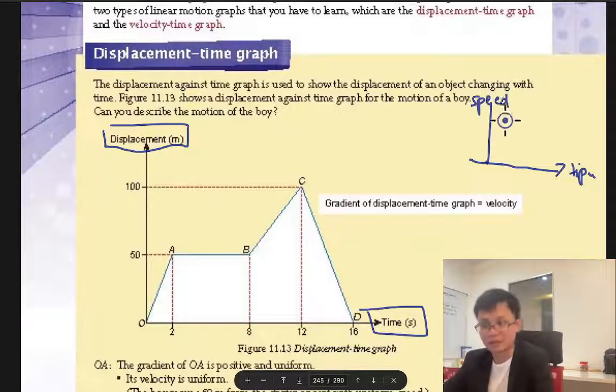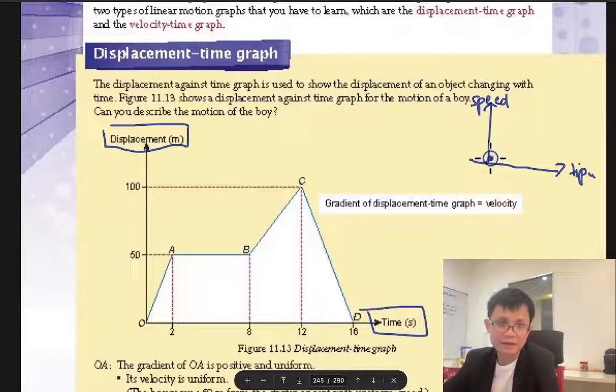You see the difference or not? If we are talking about speed over time, it can still be like this. It means the speed increases, then stays the same, the speed increases again, then the speed decreases. So it can be like that.